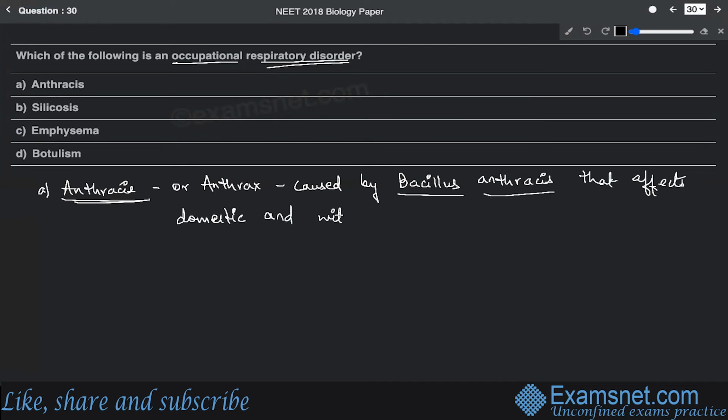So definitely this is not considered a category of occupational respiratory disorder. This is not an option.